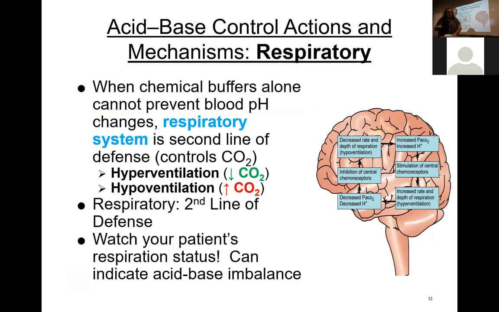All right, let's talk about the respiratory compensation mechanism. How our body tries to balance things out by changing our respiratory pattern. We know when we do a respiratory assessment, one of the things we look into is the respiratory rate. You may not work in the medical field, so you may not know, but you actually count respirations.